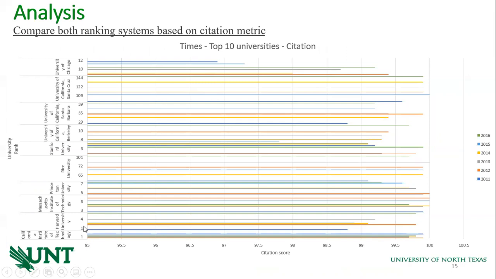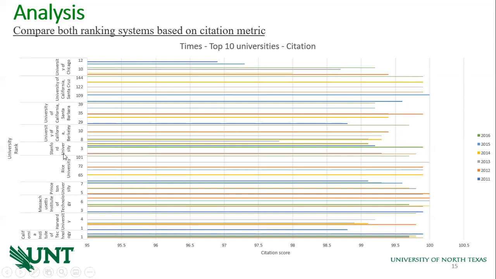We can look at the Harvard University citation score. It is mostly between 99 and almost near 100, right? And the overall rank is between 1 and 4.